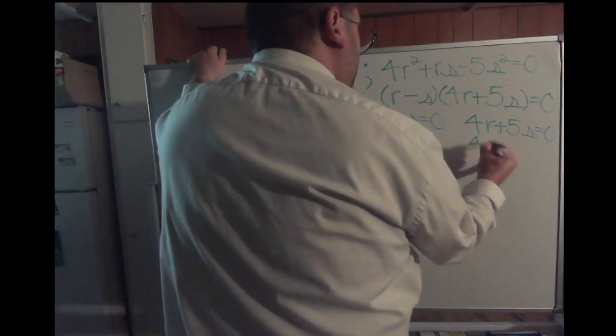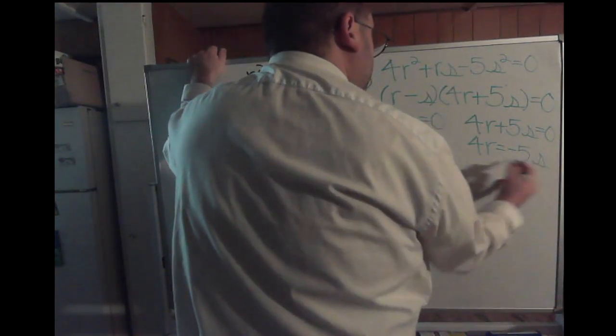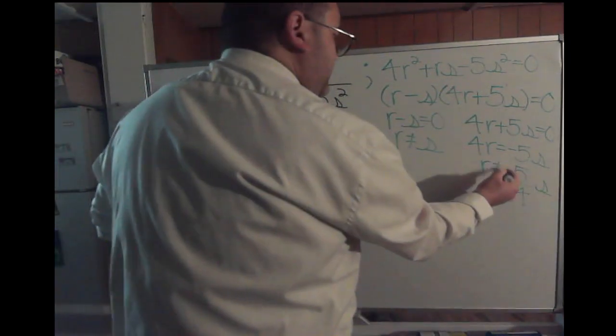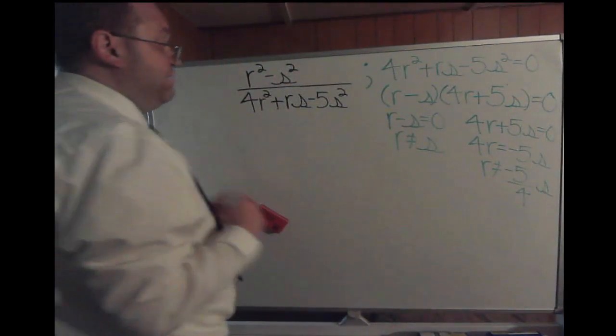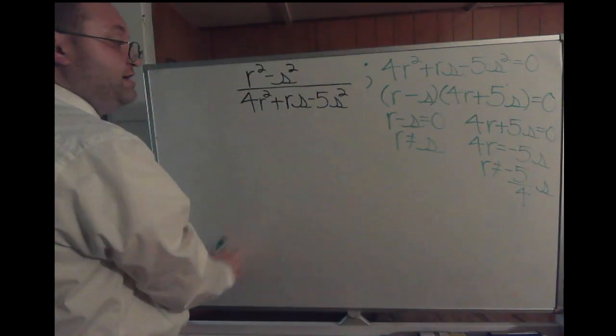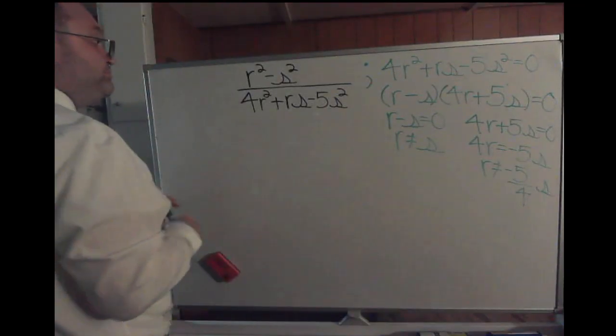So let's see, 4r equals negative 5s. R equals negative 5/4 s. So r also cannot equal negative 5/4 s. That would be another one that would render the expression undefined by having a 0 denominator. So we got our restrictions here now.